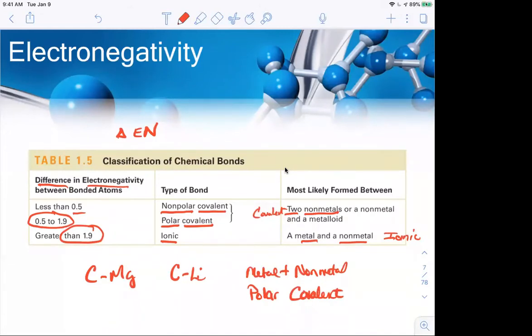And that gives them some interesting properties. But right now, just focus on being able to know, if you look at two atoms engaged in a chemical bond, what type of bond it's going to form. Is it going to be nonpolar covalent, polar covalent, or ionic?